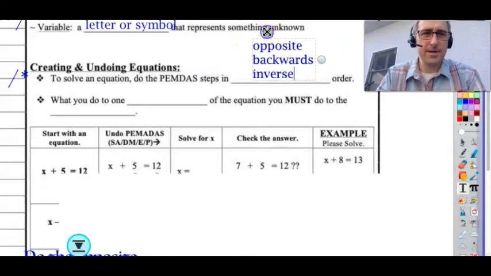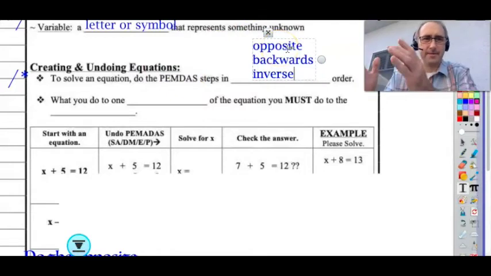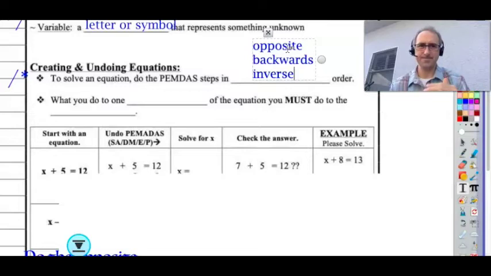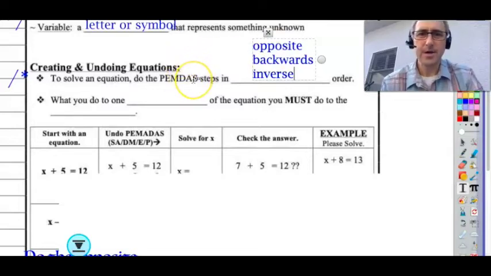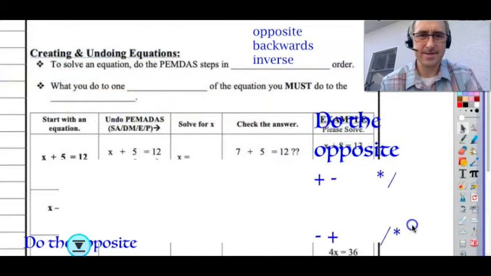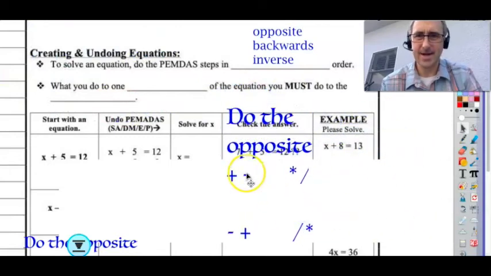So how are these different? Well, we're doing in the opposite, like the opposite of left is right, the opposite of up is down, the opposite of add is subtract, and the opposite of subtract is add. The opposite of multiply is divide. The opposite of divide is multiply.